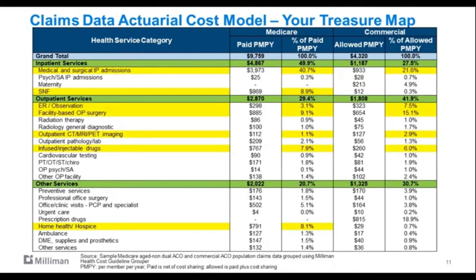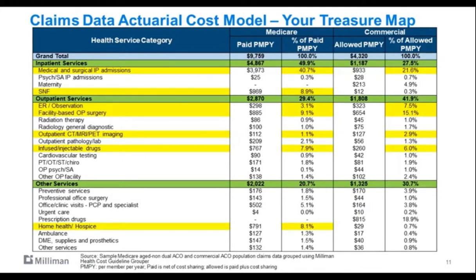So again, you can do the math on this, hitting lines by a certain percent reduction that you think you can get, and we'll talk about how you would go about feasibly estimating how much you could reduce these lines by. Facility outpatient surgery, highlighted in yellow, about 6 lines down, is a big cost contributor.